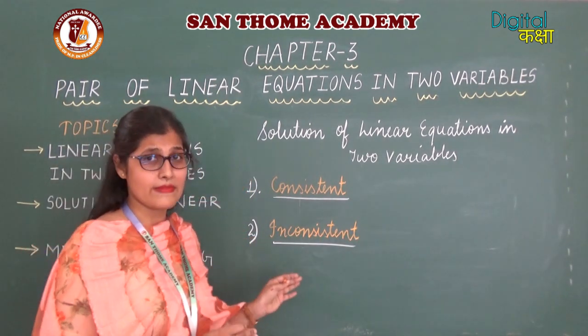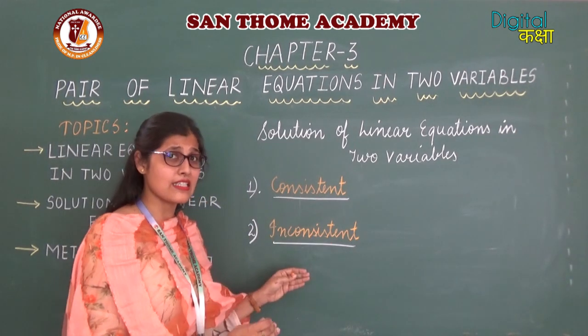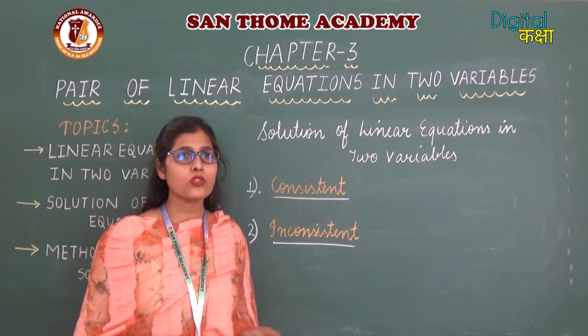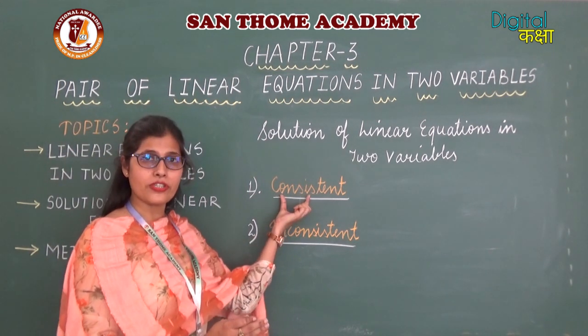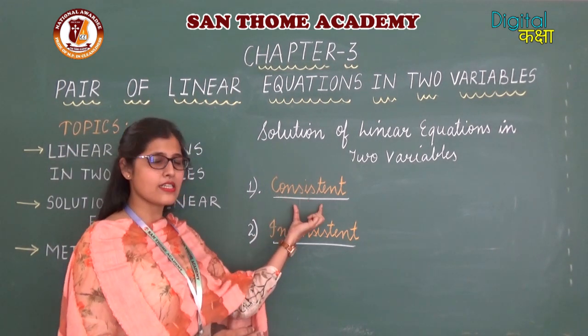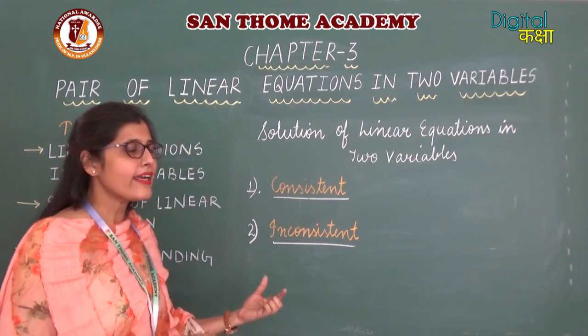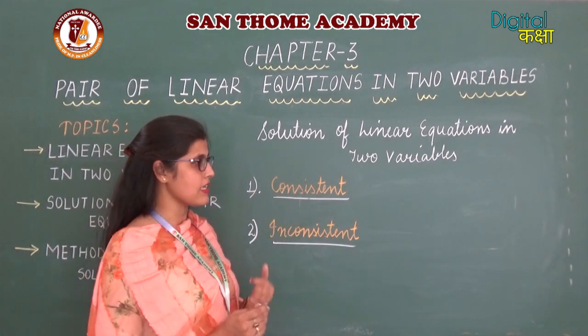Now these two terms, consistent and inconsistent, are new to you. So let us first understand when the pair of linear equations gives us a consistent solution or when it will give us an inconsistent solution.